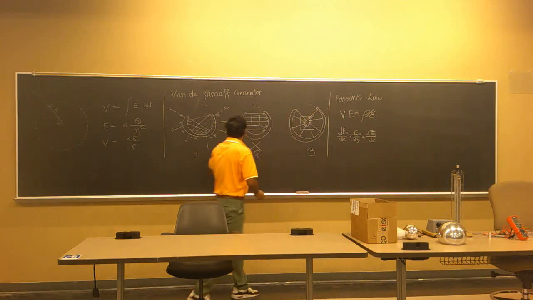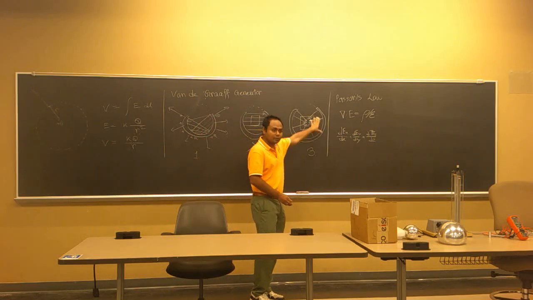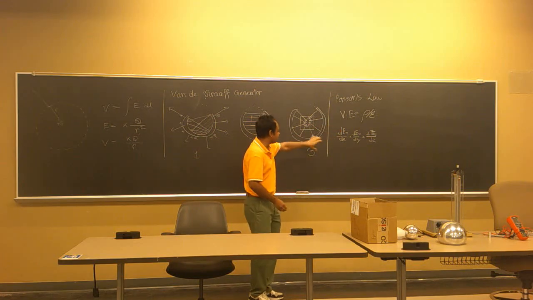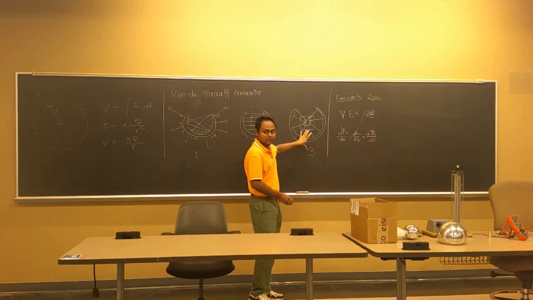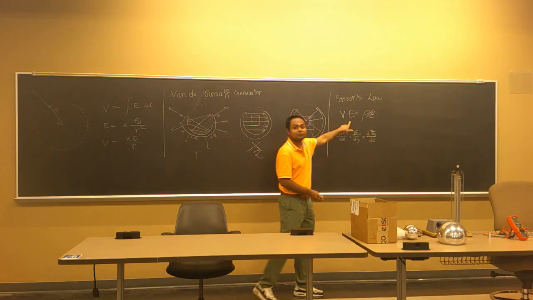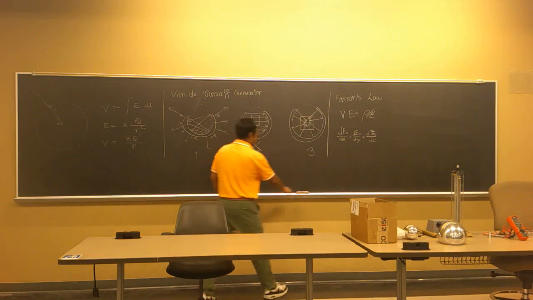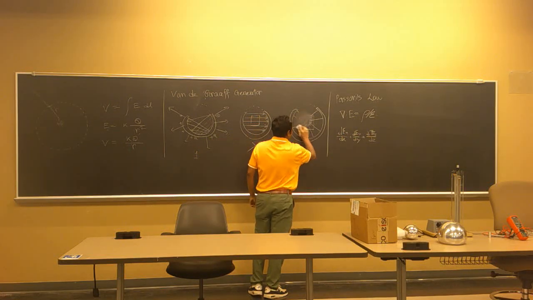So in fact, neither 1, nor 2, nor 3, none of them are true. Do you follow? Why do I say that this 3 is not true? This is not true because if this were true, then we would violate Poisson's law. It says that divergence must be non-zero. So the only possibility is that we don't have any electric field interior to it.